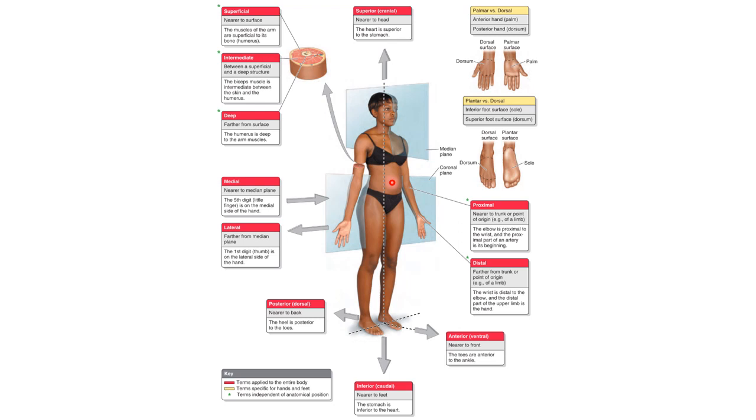Okay? So, if you want to describe a structure in front of another structure, use the term anterior. If you want to describe a structure that is posterior to another, which is behind another structure, use the term posterior.